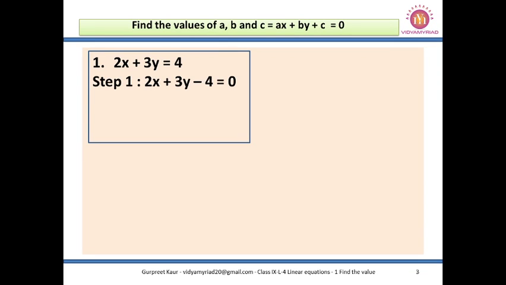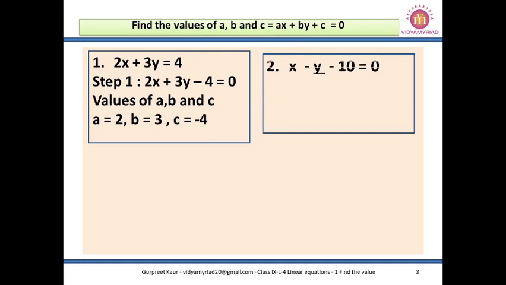So when I write it like that, from here the number which is there with your x, it is a, the number which is there with y, that is b, and the constant or the only number available will be your c. So according to this, you have the values of a, b and c as a is your 2, your b is 3 and your c is equal to minus 4.